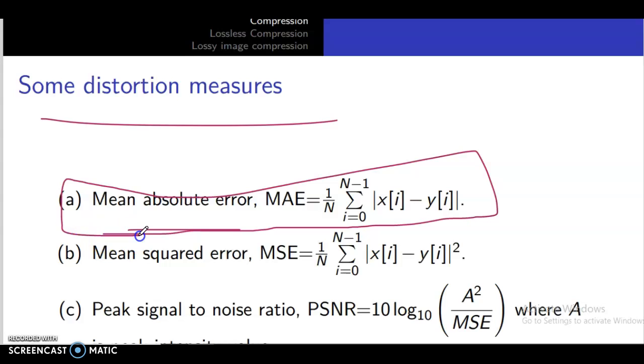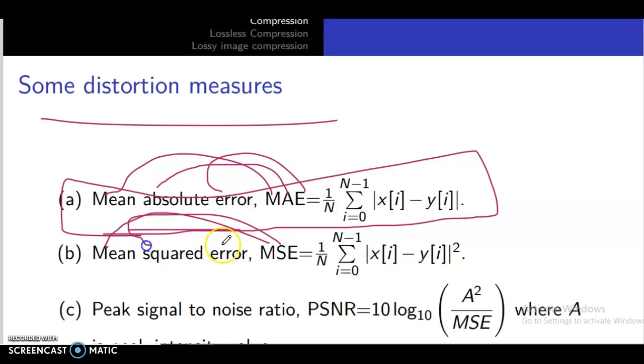And then mean squared error, MSE equal to 1 by N, summation of i equal to 0 to N minus 1, mod of x of i minus y of i, whole squared.